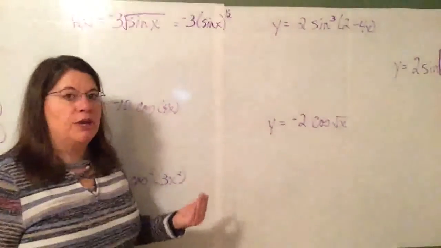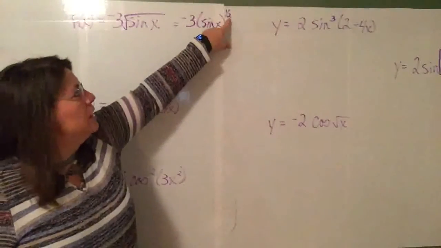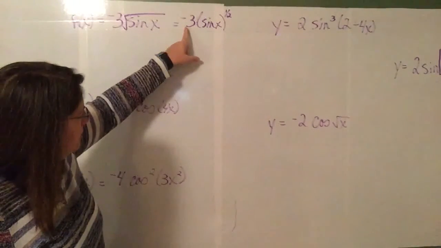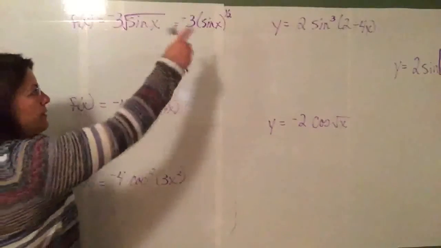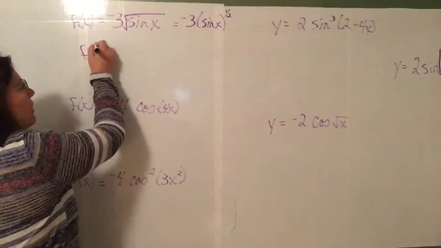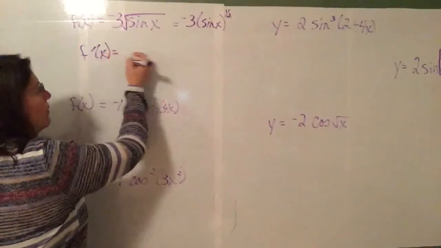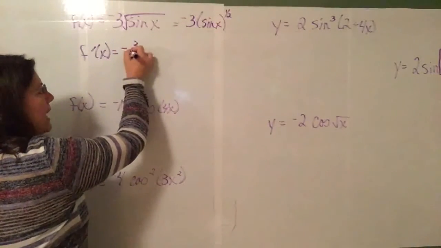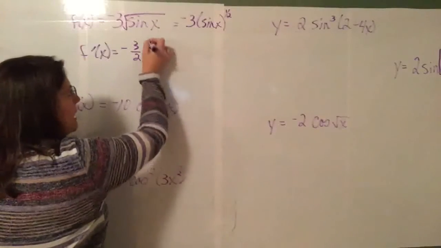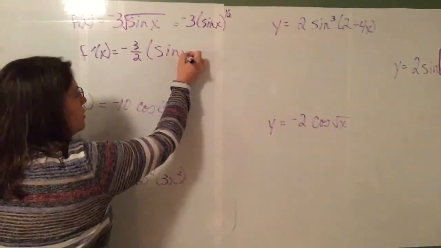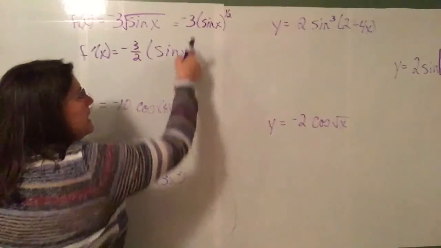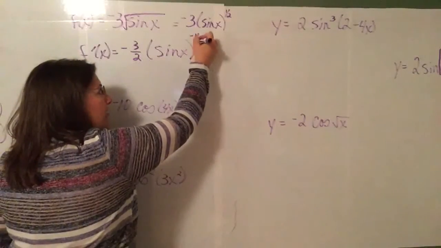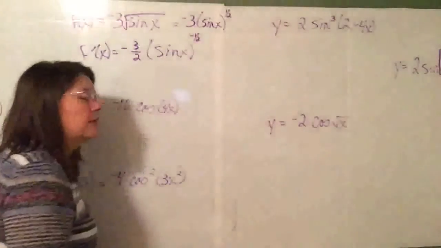So when I use the chain rule, I have to take the power times the coefficient and then decrease the power by 1. So for f prime of x, 1/2 times -3 is -3/2. I keep that inside part, I don't change it, and then I take that to the -1/2 power because I have to decrease that power by 1.